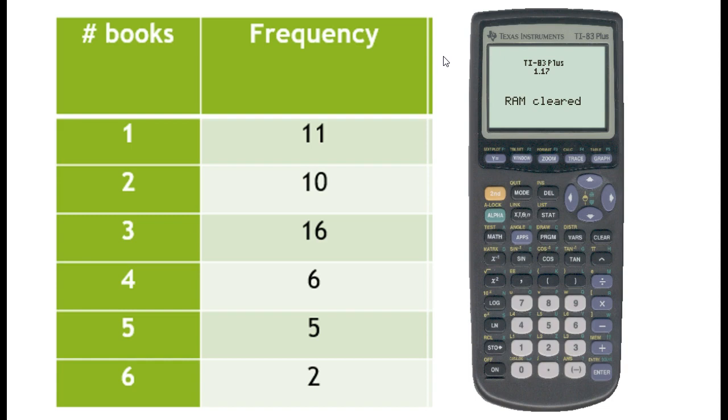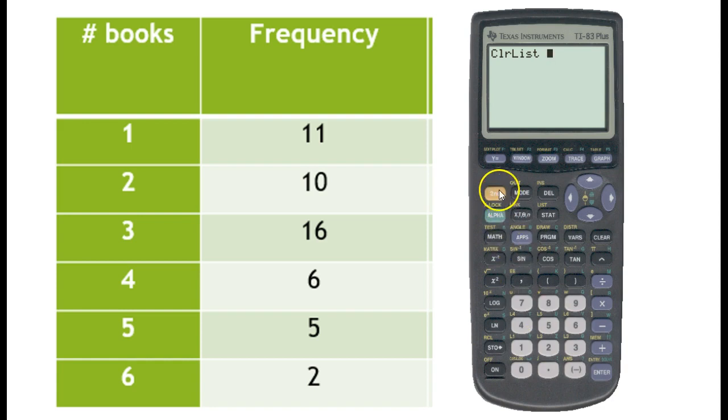The first thing we're going to want to do is clear out our lists. How we are going to do that is you are going to hit the Stat button, and 4 is Clear List. We are going to clear lists 1, 2, and 3. Right now, you probably don't have any data in there, but eventually you might, and so this is an important first step.